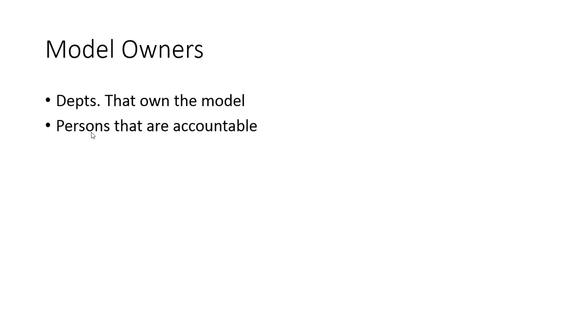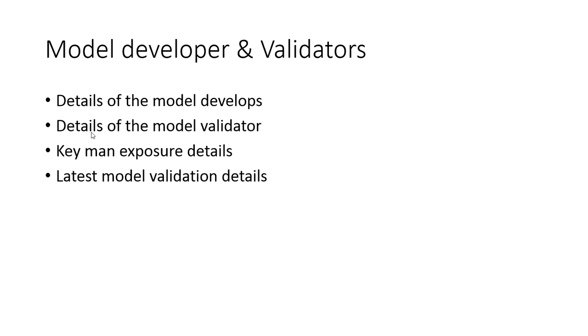So clear accountability should be defined, that who owns the model. Okay, so that has to be well defined. Model developer and validators, so that details, as I've already said, should be well documented.